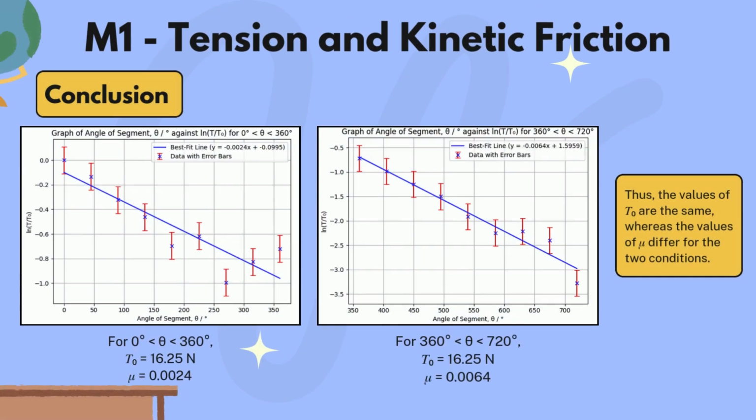After plotting out the graph for the two different sets of angles, I find that the values of T naught, which is the tension caused by the weights, are the same for both sets of angles, whereas the values of mu, which is the friction coefficient, are different for the two conditions.